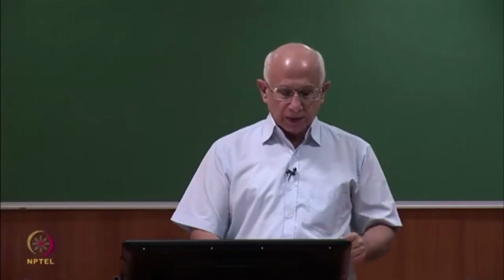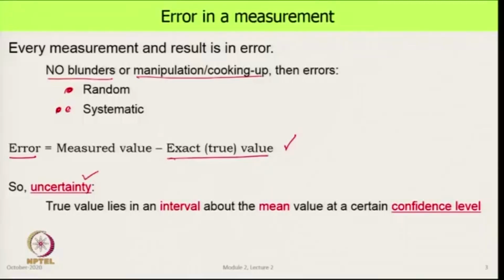What we do instead is to report an uncertainty, an interval about the mean value whose width is determined by the confidence level, and in this interval we say that there is such and such a probability that the true value will lie.